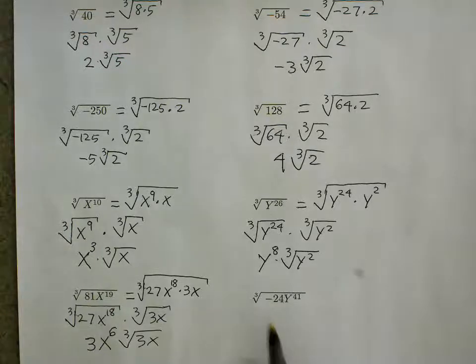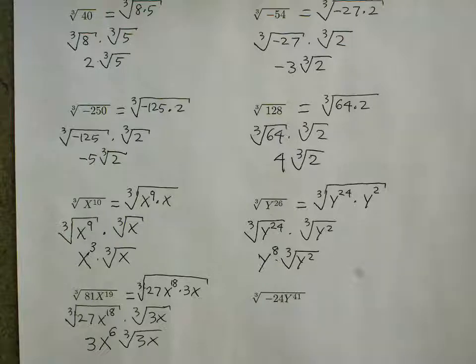Okay, the next one, simplify the cube root of negative 24 times y to the 41st. Okay, so a perfect cube factor of negative 24, well, there are two of them, but we want the one that's negative.